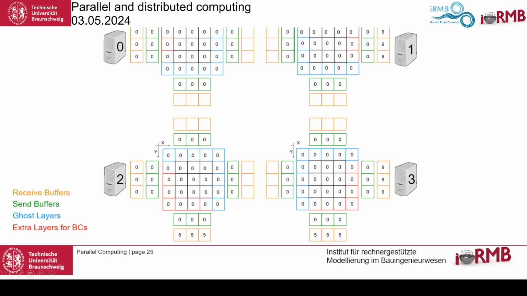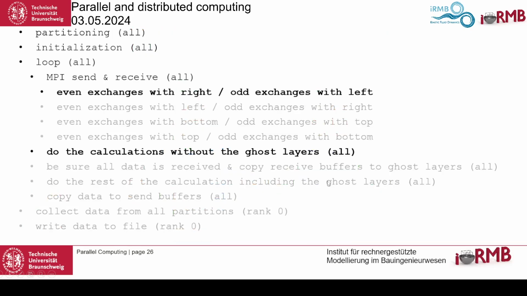For example, at the top boundary we had 15, at the right boundary we had 9, 0 at the left boundary and 5 at the bottom boundary. So the initialization here has been done with the received buffers, which will then be copied hopefully into the ghost layer. You can also start with putting them into the ghost layer originally, and everything else you can initialize with 0.